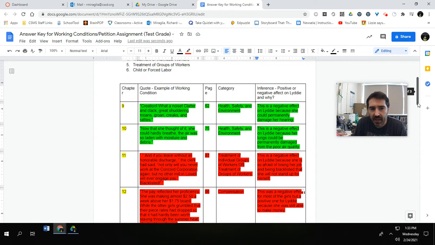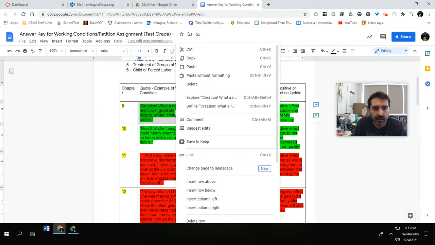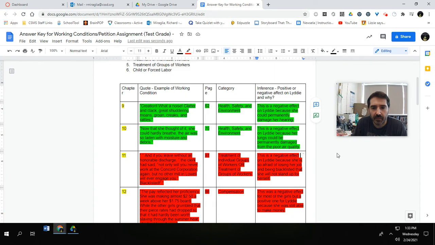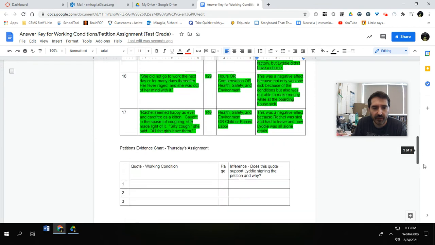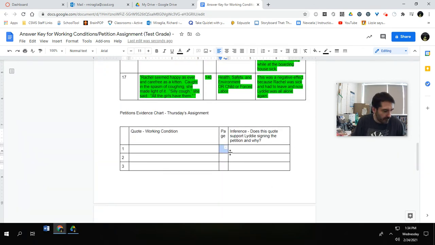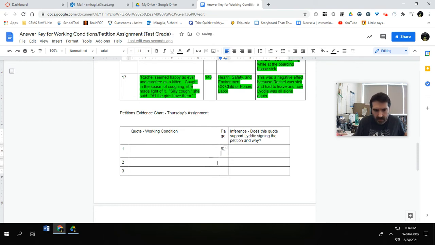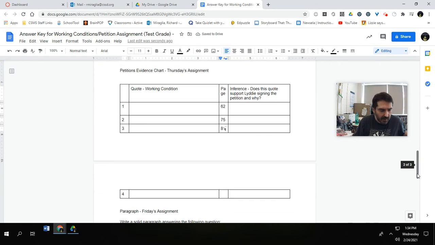What I'm going to do next is copy and paste my quotes over. Before I do that, I think I'm just going to include the page numbers. So I have 62, I have 75, I have 81, and I have 86.